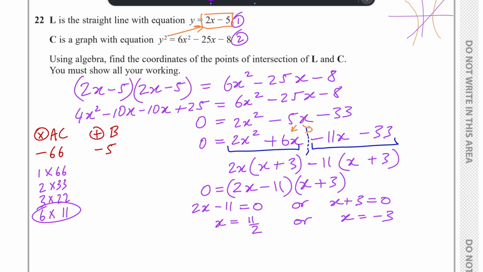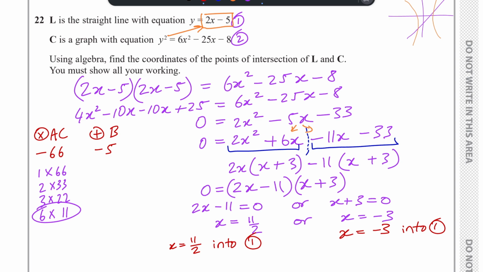However, you can see quite clearly that substituting into here is just going to make another messy quadratic, another thing to solve. So it's just much easier to substitute it into equation 1. And you can actually just say that to the examiner by saying x equals 11 over 2 into 1, and x equals negative 3 into 1.